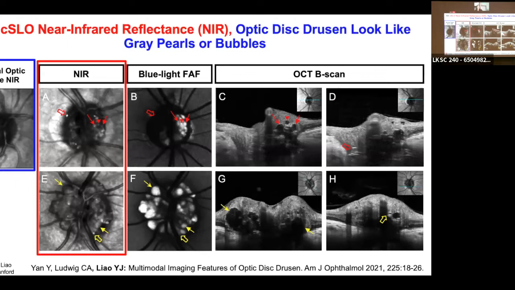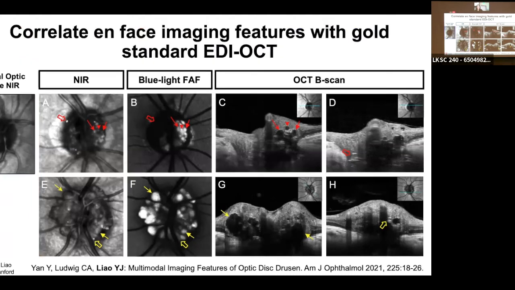The second row, you can see they look more grayish. So it's a different quality than the first row, but it seems everywhere. So Dr. Yan has a pretty name for these things. So they look like pearls or bubbles, very intuitive feeling. And you could correspond exactly to the B scan on the right.